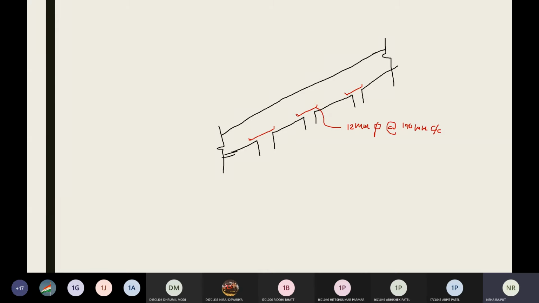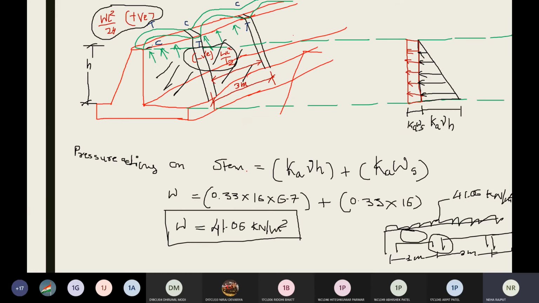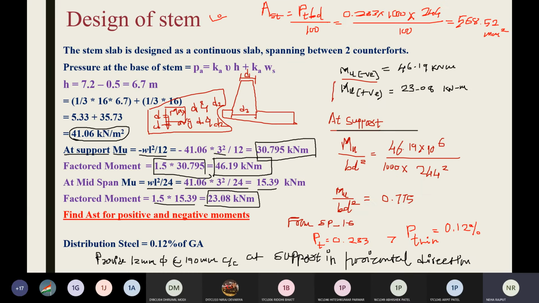So this reinforcement you are going to provide in the horizontal direction, throughout the height of the step. Now you are going to find the mid-span moment also, mid-span reinforcement also.